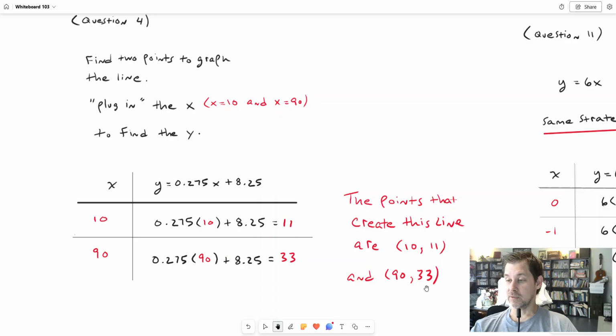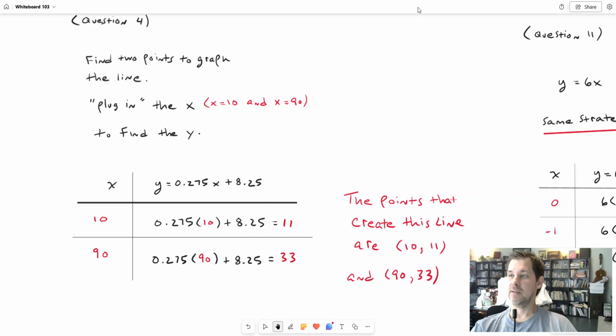So look, I got 2 points. I know how to graph any point. This first point, for example, is to go right 10 and then up 11. I can plot that point. The second point, go right 90, up 33. I can plot that one. And they'll make a line, and then I'll know what it looks like. So that's the objective here.